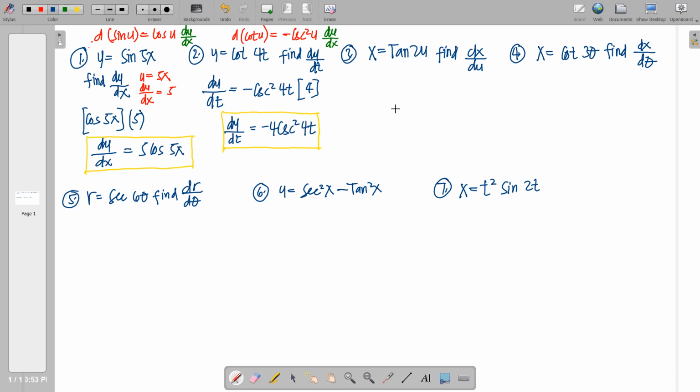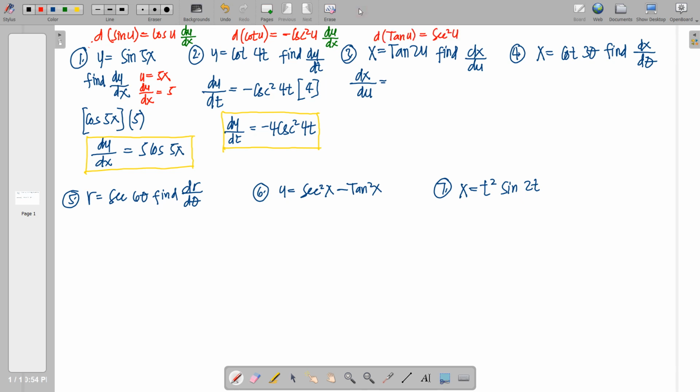Okay, for number 3, we're going to find the derivation of x with respect to u. So we say dx over du, and then the derivation of tangent of this function 2u.